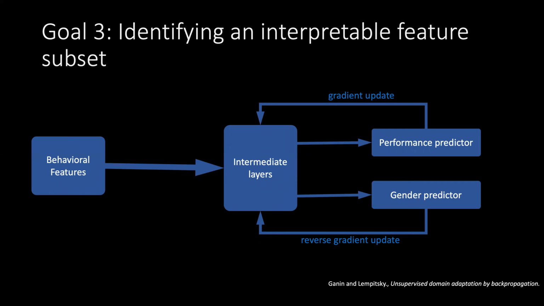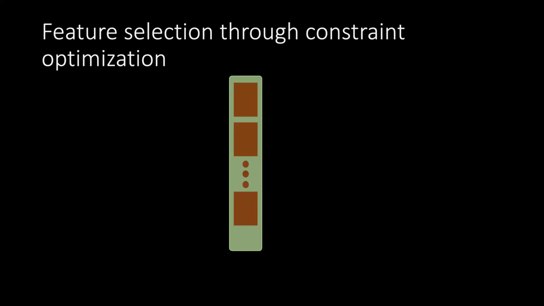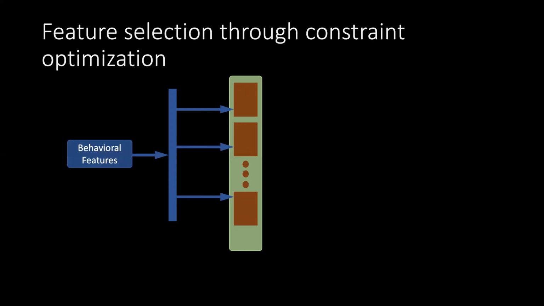To identify a subset of these features, we used a feature selection layer. That was inserted between the input layer and the other intermediate layers. Let's look more closely at how this layer operates. There are n nodes in this layer. N can be any number. All features independently enter into these nodes, and the node parameters were constrained to be either 0 or 1.